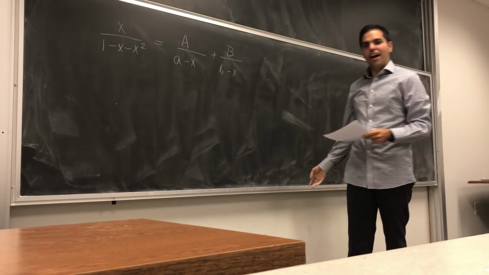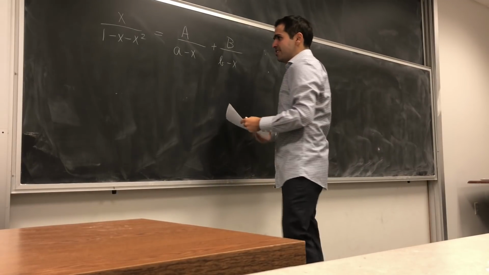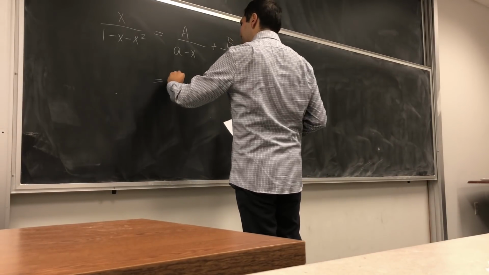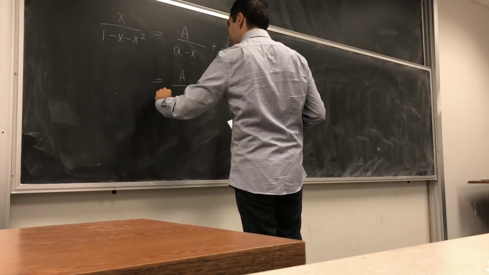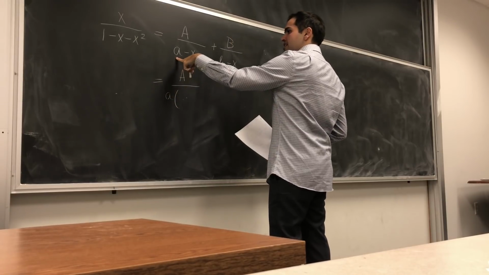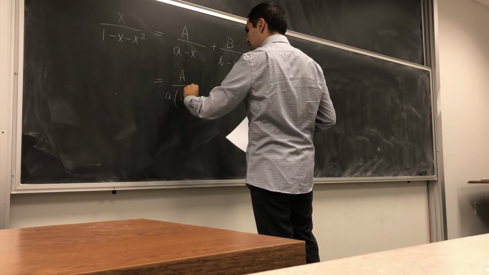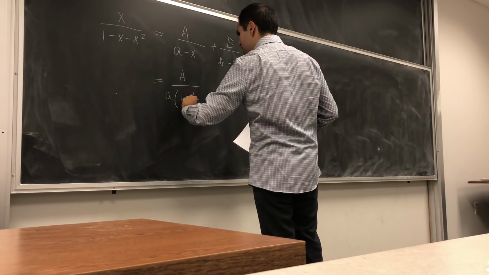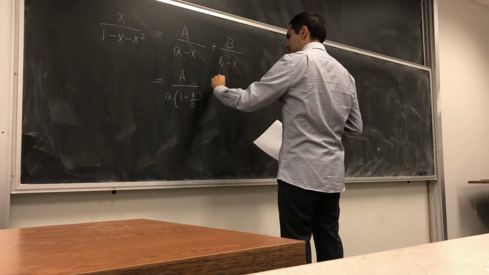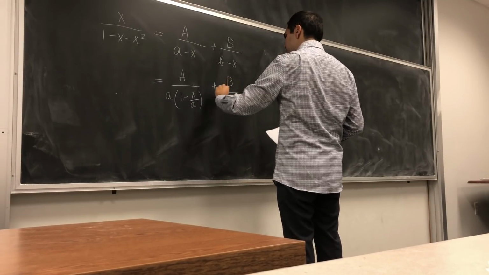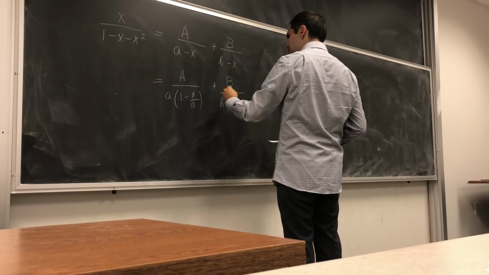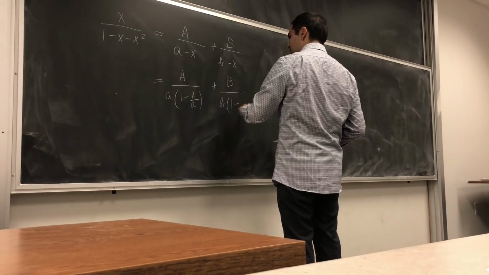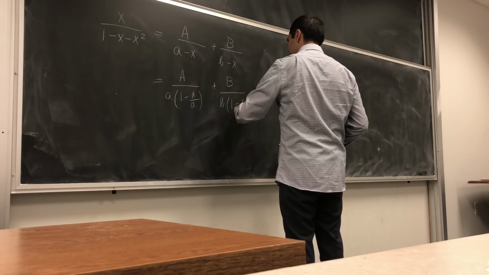And let's just write those things as a power series, because if you think about it, you may recognize this as geometric series, because if you factor out little a, you get A over a times 1 minus x over a, plus B over b times 1 minus x over b.